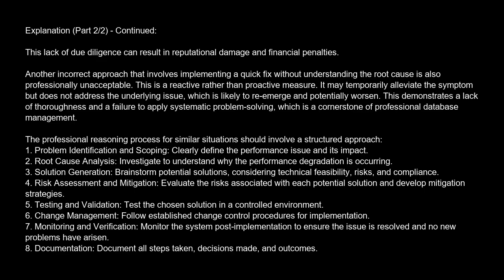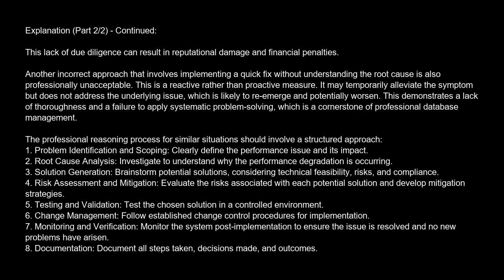1. Problem identification and scoping. Clearly define the performance issue and its impact. 2. Root cause analysis. Investigate to understand why the performance degradation is occurring. 3. Solution generation. Brainstorm potential solutions, considering technical feasibility, risks, and compliance. 4. Risk assessment and mitigation. Evaluate the risks associated with each potential solution and develop mitigation strategies. 5.